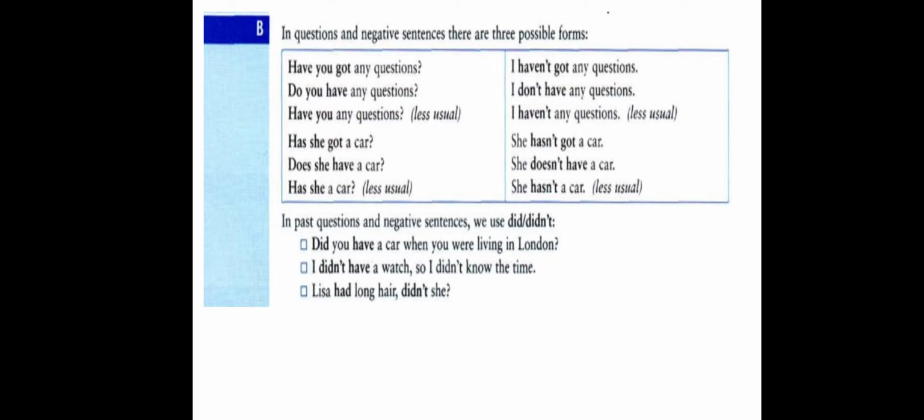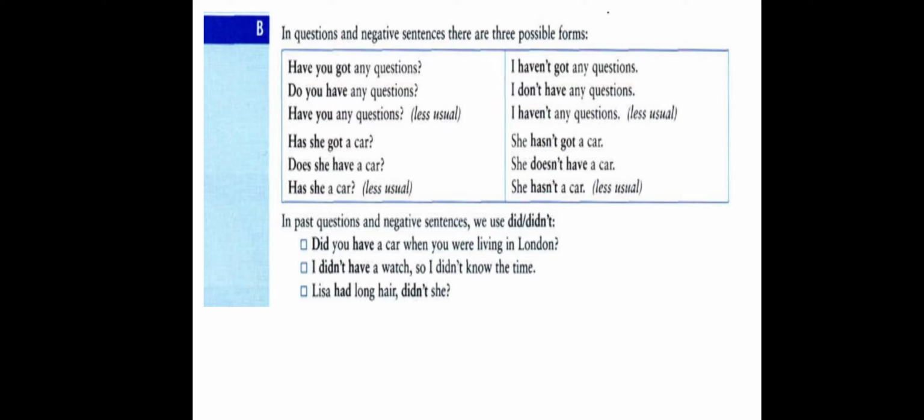In a less usual form, a form that is not commonly used and is somewhat odd, we say have you questions. We use have, the main verb, as an auxiliary verb and bring it forward, and this is not used mostly. It is less usual, so don't use it.